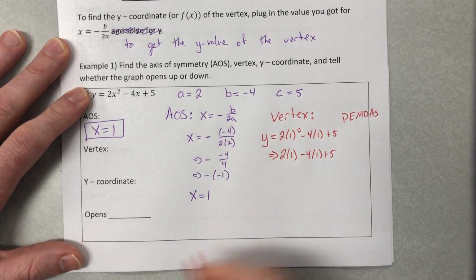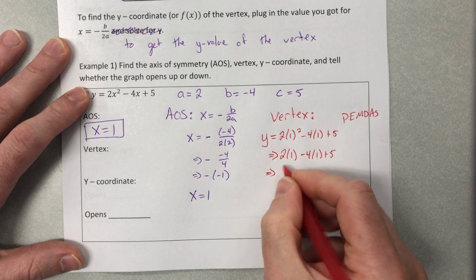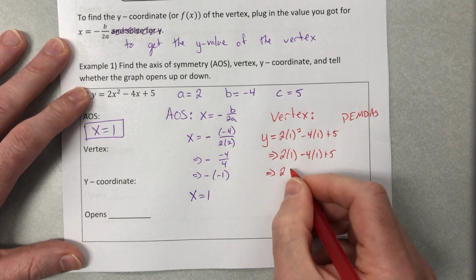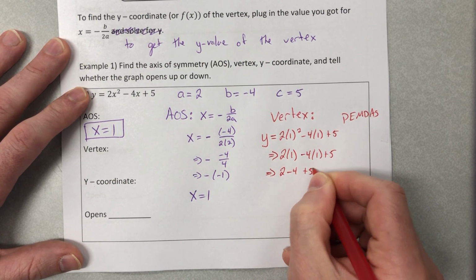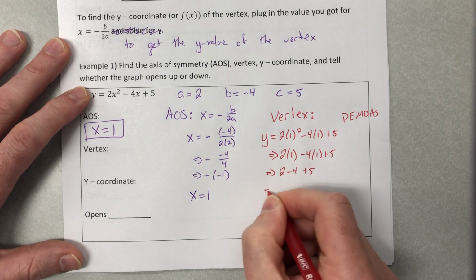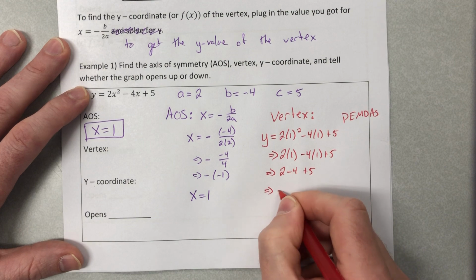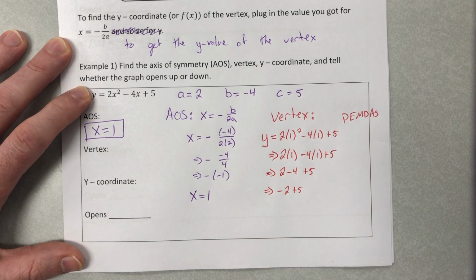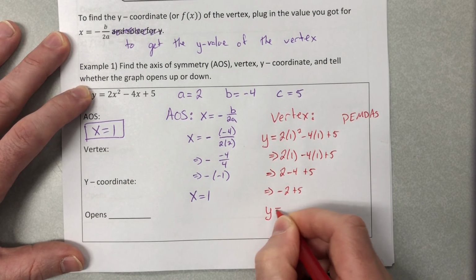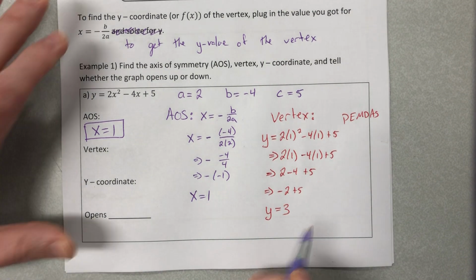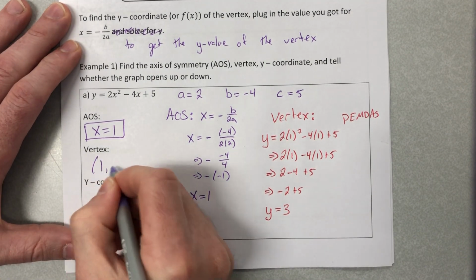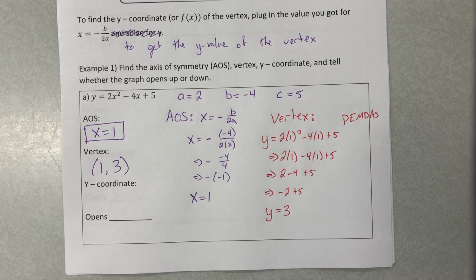We'll now do the multiplication. 2 times 1 is 2. Negative 4 times 1 is negative 4, plus 5. First come, first served between addition and subtraction, so we'll do 2 minus 4, which is negative 2, plus 5. So our y equals 3. So our vertex is going to be 1, comma 3.